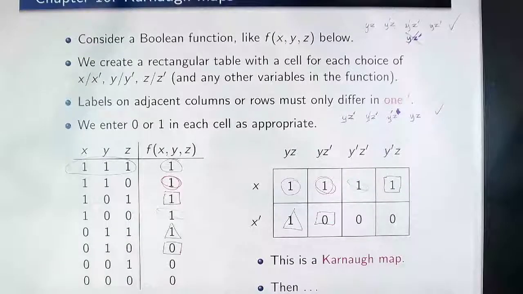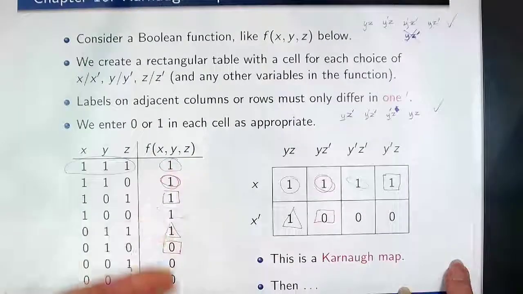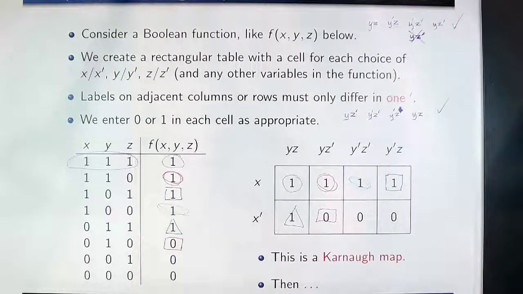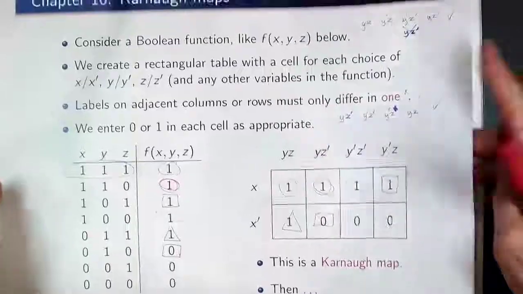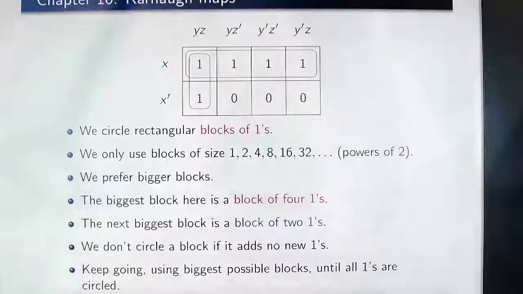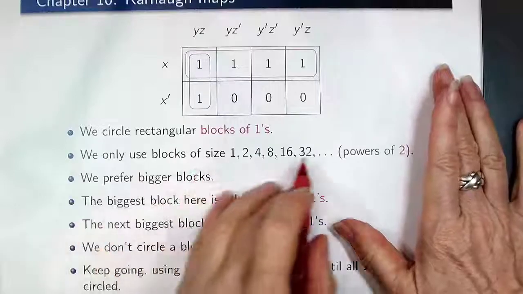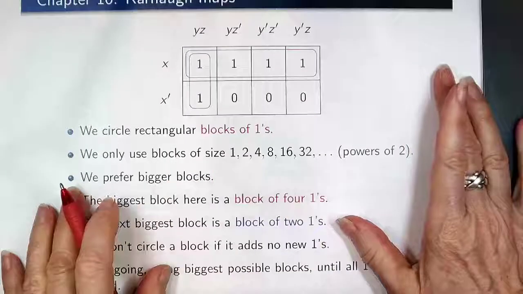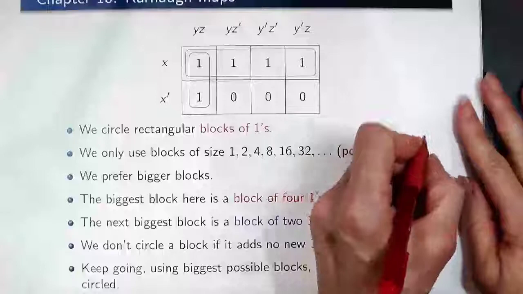Okay, that's the Karnaugh map. We've mapped these into here. Now we've done this so we can do something visual, because we can see a relation. We look at where we've got ones. We're looking for blocks of ones, and we look for the largest blocks of ones we can get, of sizes which are powers of 2.